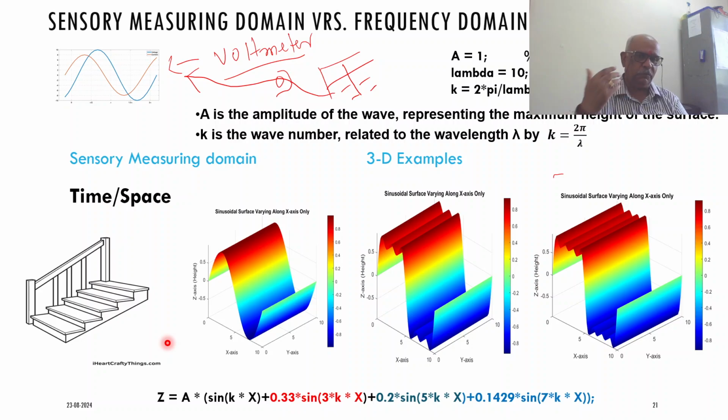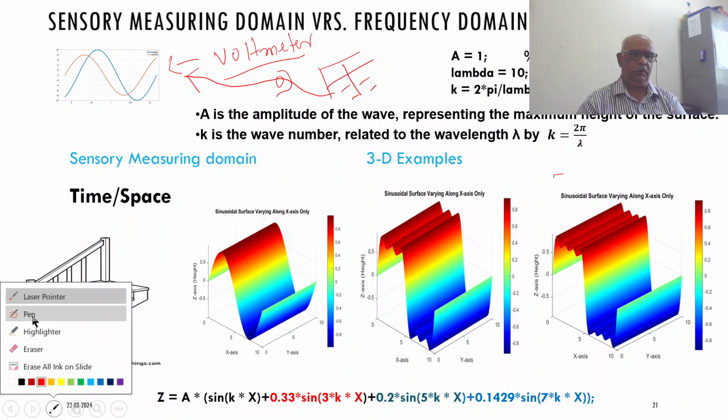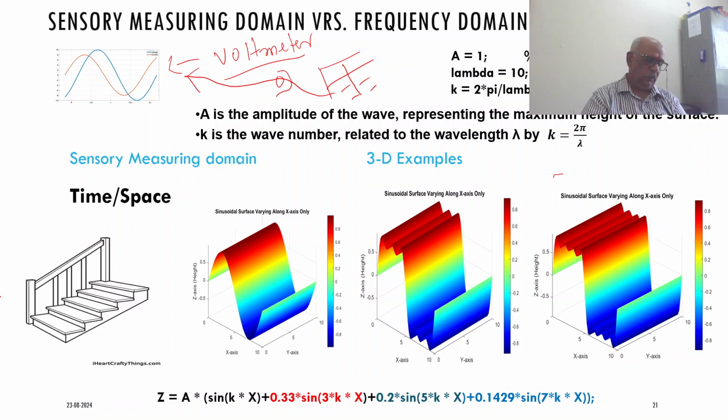Now here comes the main problem. If I have a step kind of wave and I am trying to represent it, the simplest thing I can do is, let's say, this is the step you are trying to make every time.